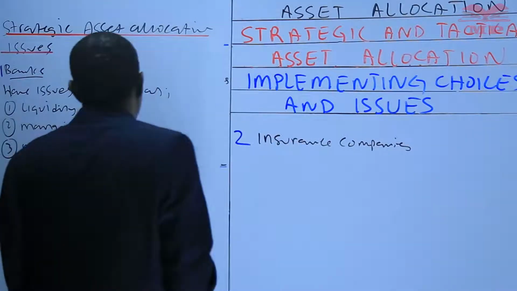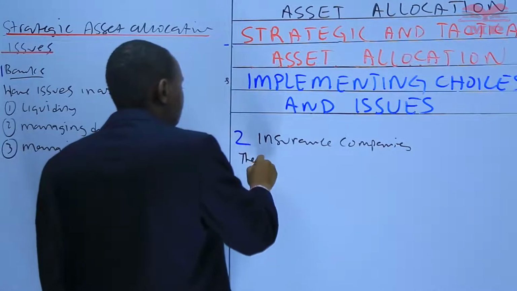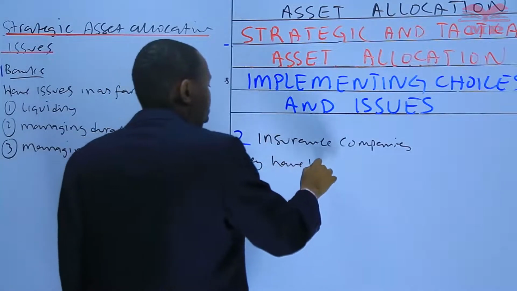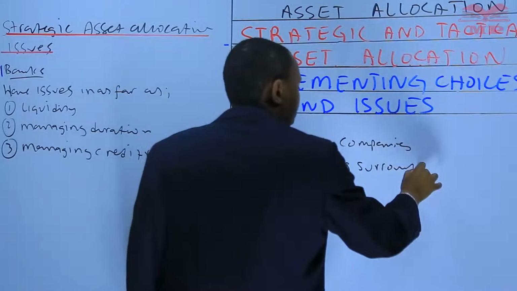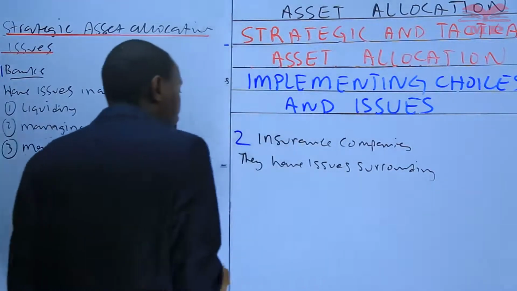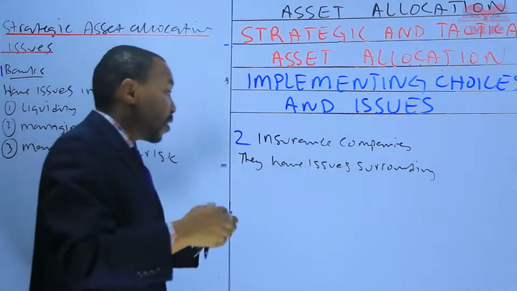And insurance companies have issues surrounding duration. How much money, and for how long are we going to be able to invest in specific asset classes?